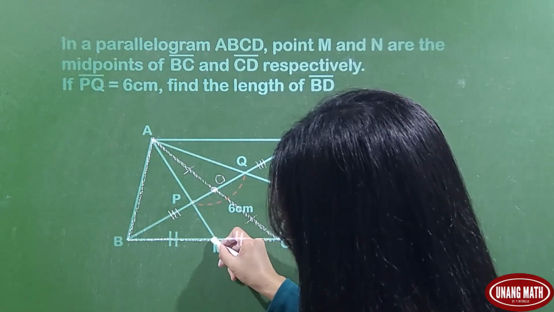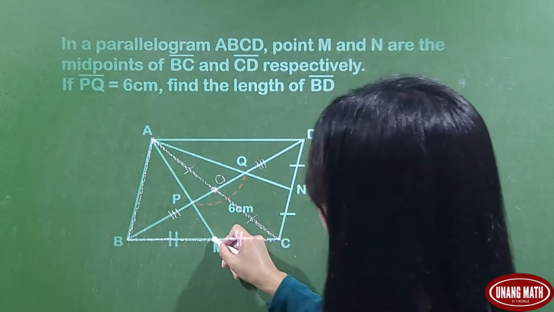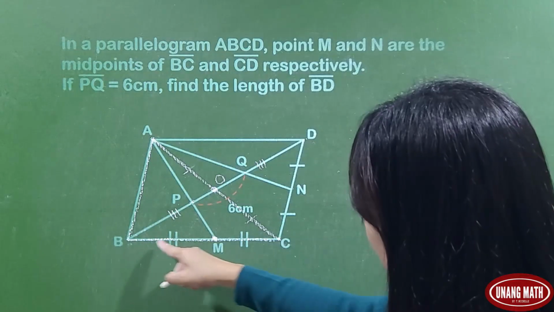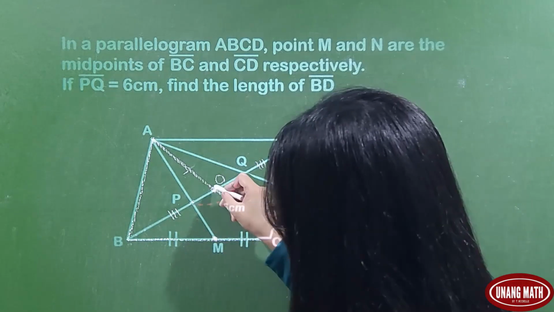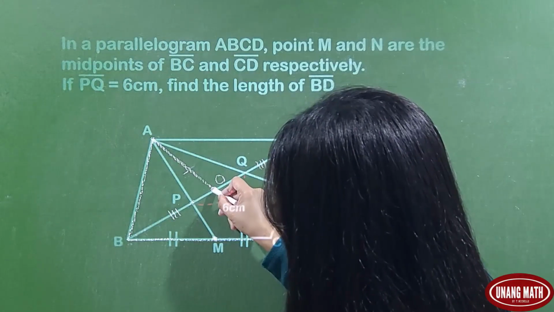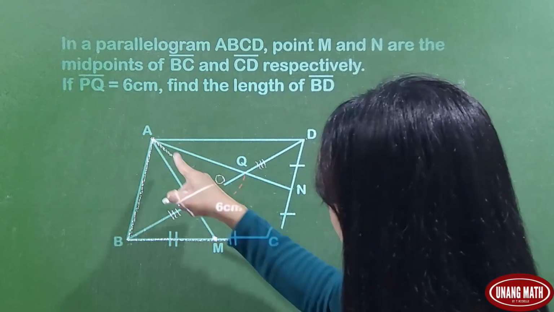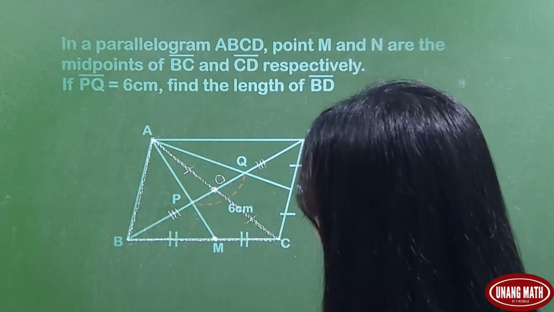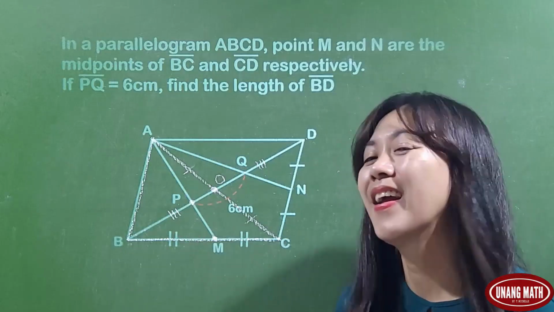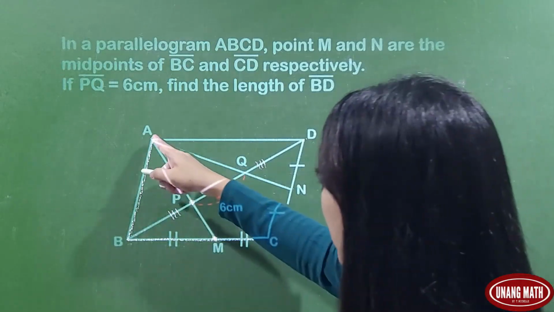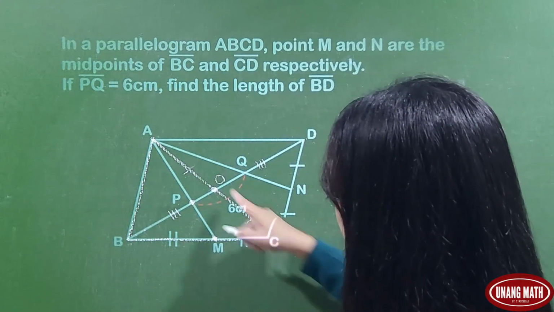Since point M is the midpoint of segment BC, and this point also is the midpoint of segment AC, then we found out that point P here is the centroid for this triangle ABC.